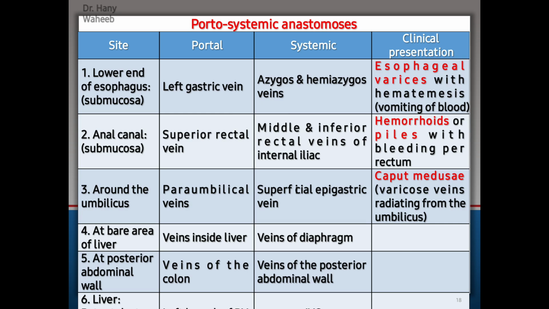Third, within the liver, if the ductus venosus of embryology remains patent, it forms a direct communication between the left branch of the portal vein, this is portal, and the inferior vena cava, this is systemic. So the sixth site is the ductus venosus of the liver, an embryological remnant, if it remains patent.